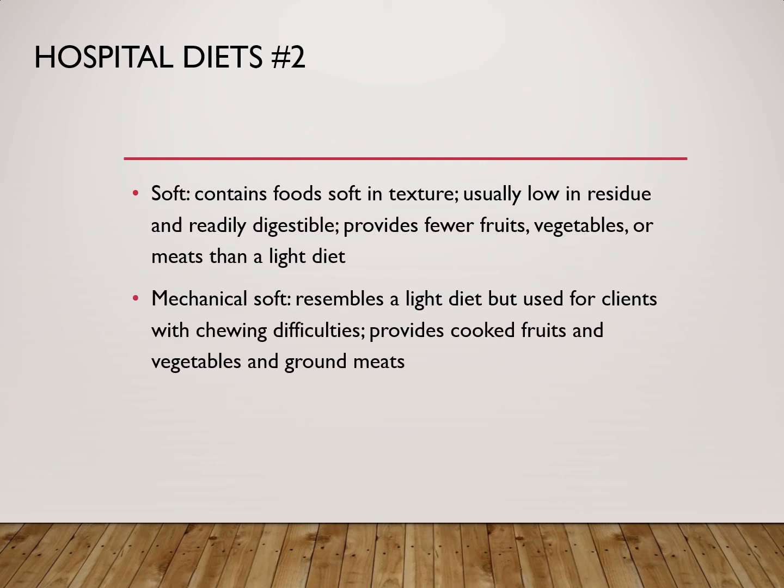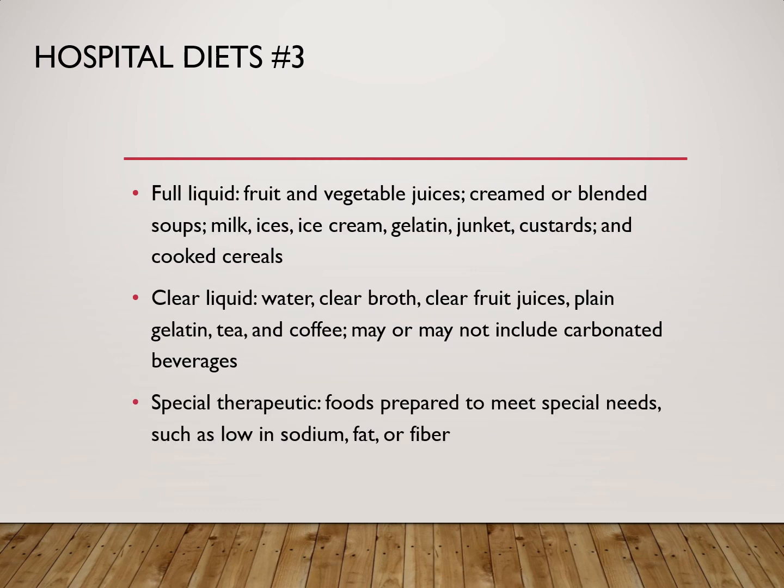In review, soft contains food soft in texture, usually low in residue, which is fiber, and readily digestible, provides fewer fruits, vegetables, or meats than a light diet. Mechanical soft resembles a light diet, but is used for clients with chewing difficulties, provides cooked fruits and vegetables and ground meats. Continue to review.